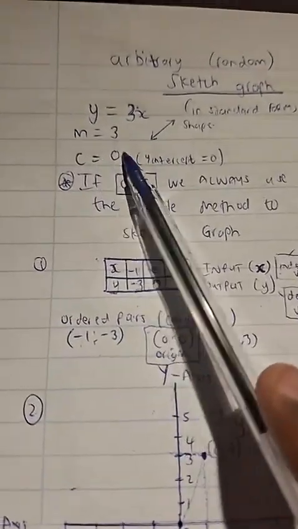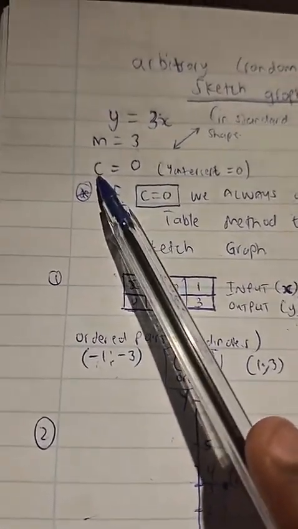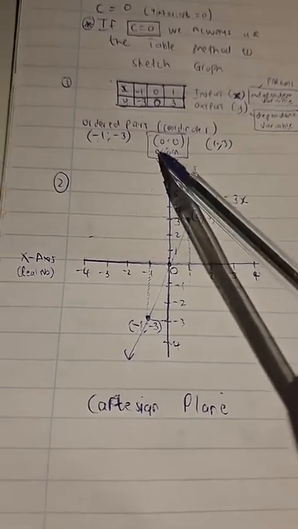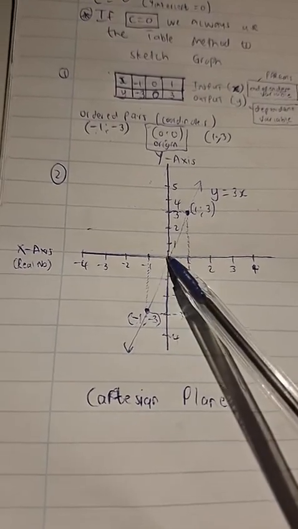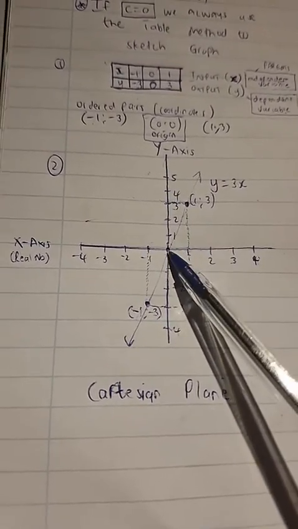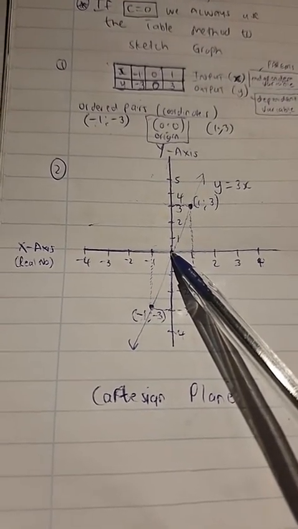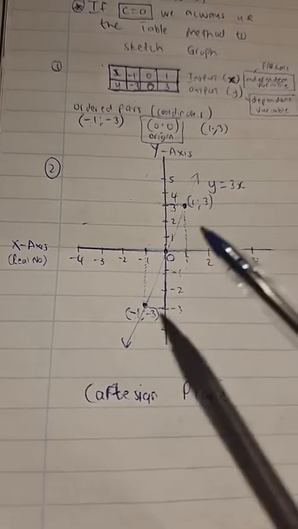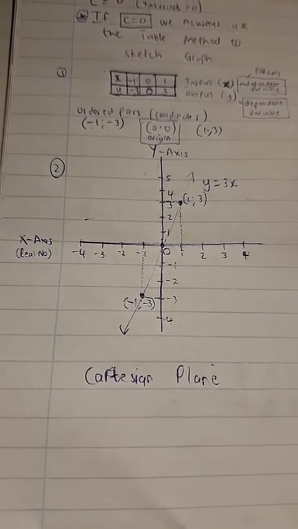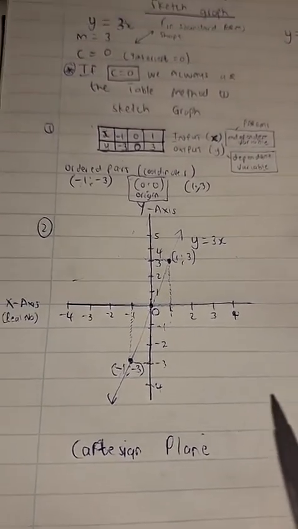And now we can see that we initially said that C is equal to 0 is the y-intercept. And truly, this function does cut through the y-axis, it crosses the y-axis where c is equal to 0. You can see that. It's very clear that that is the case. There's no misconceptions about that.